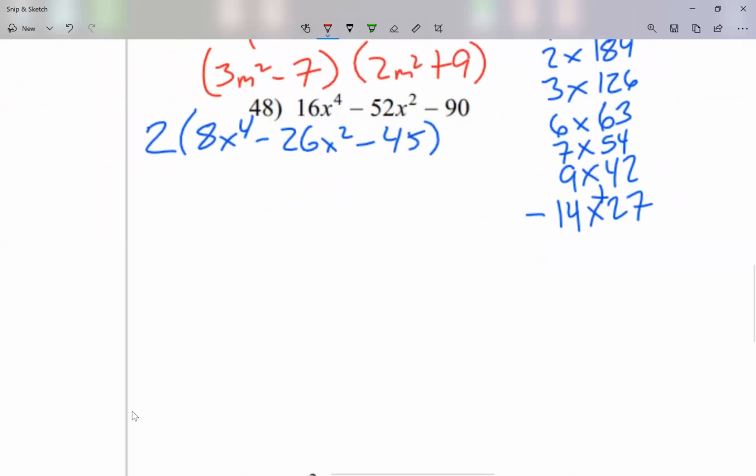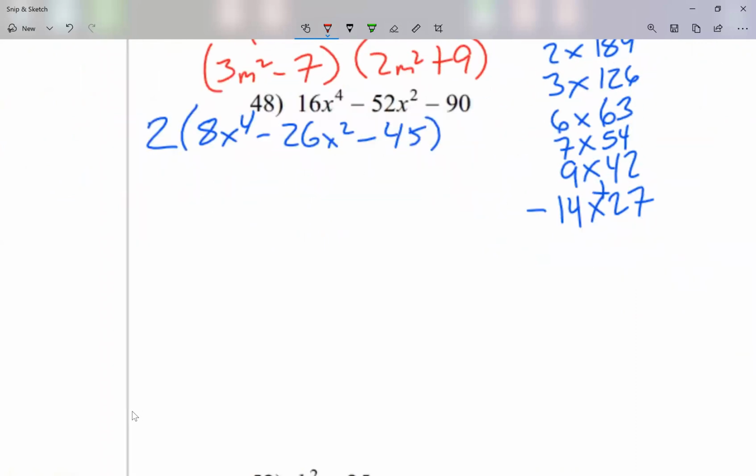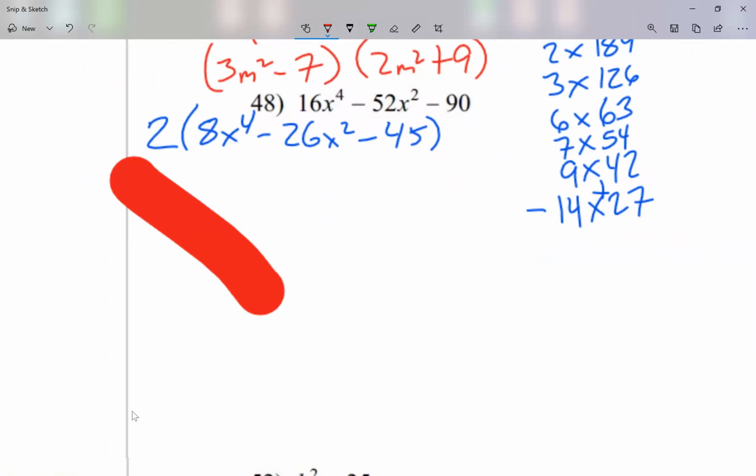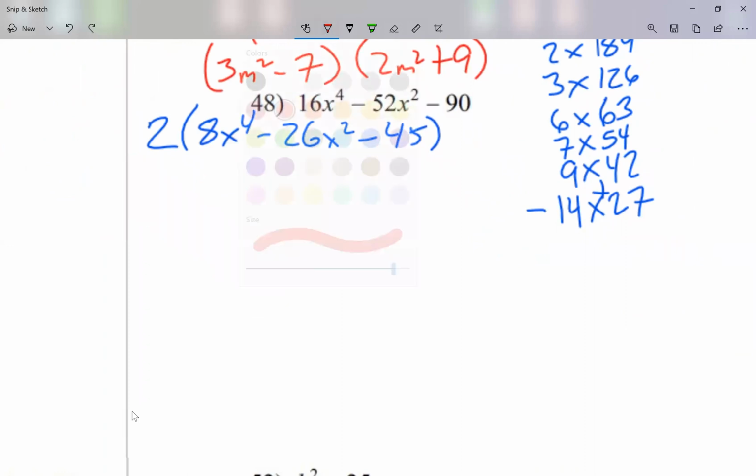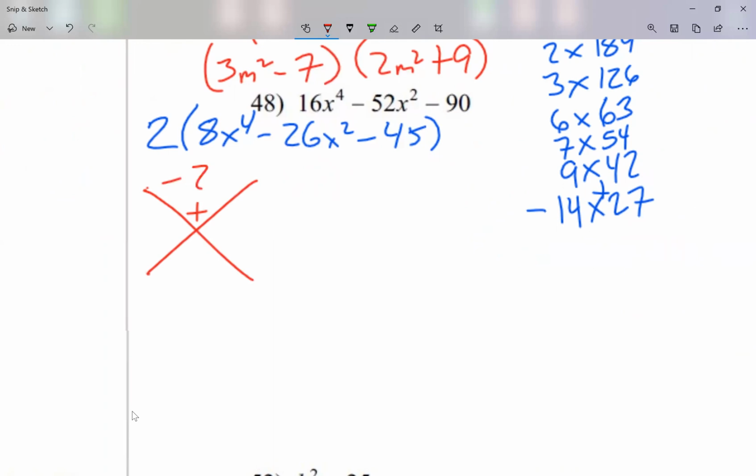Okay, so when I do my diamond thing, my X thing, oops. I'm looking for two numbers that when I add is a negative 26, but when I multiply, let's see, what's 8 times 45? They equal 360.